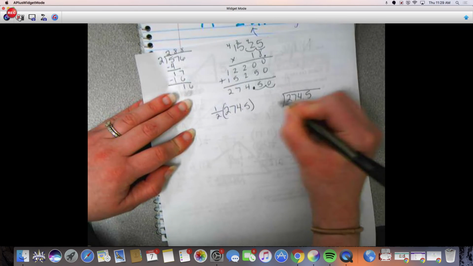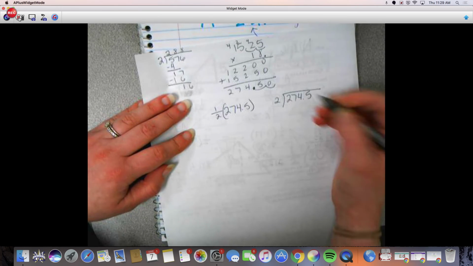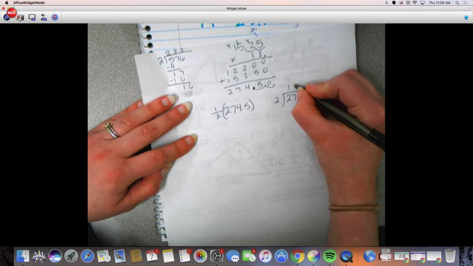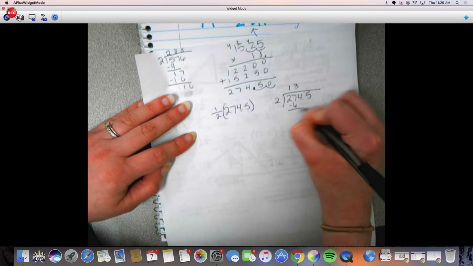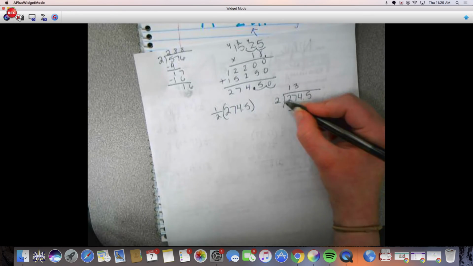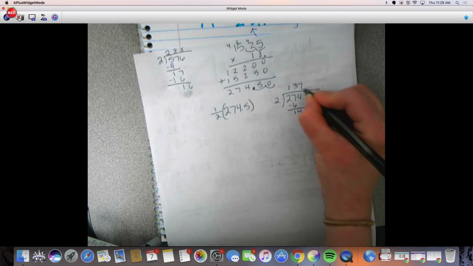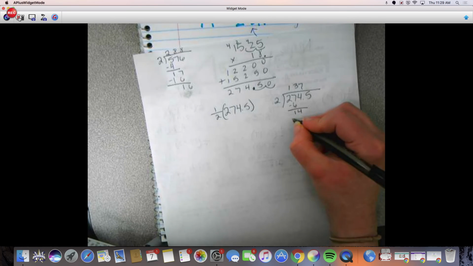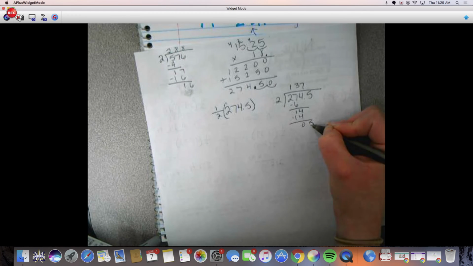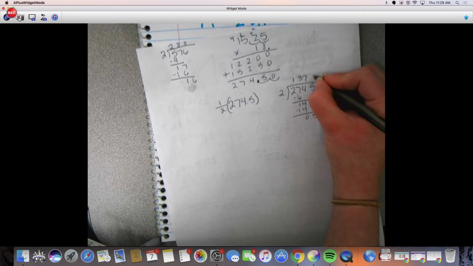274.5 divided by 2. 2 goes into 2 1 time. 2 goes into 7 3 times, which is 6. I get a remainder of 1. I bring down my 4. 2 goes into 14 7 times. It's exactly 14. I bring down my 5. 2 goes into 5 2 times.